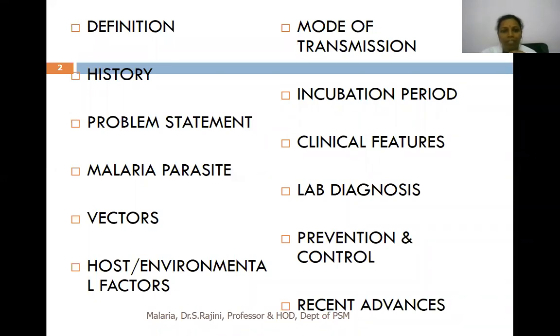So what is the malaria definition, history, problem statement, parasites which are transmitting infection, vectors, host and environmental factors, the mode of transmission, incubation period, clinical features, diagnosis, control and prevention, and recent advances in malaria infection.